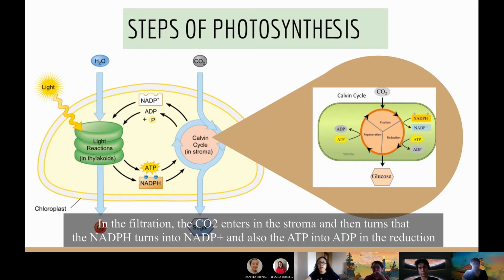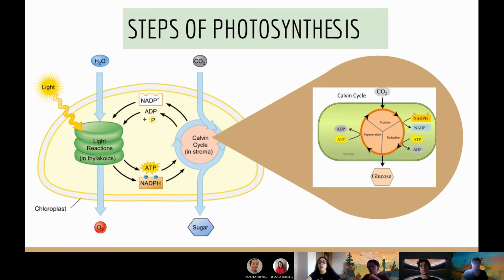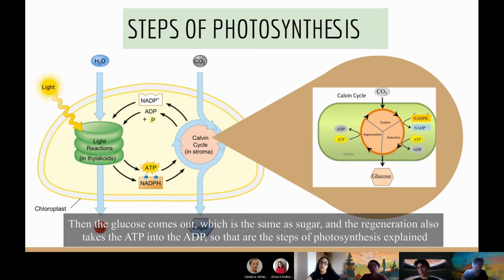In the first step, CO2 enters the stroma, and then in the reduction NADPH turns into NADP plus, and ATP into ADP. Then the glucose comes out, which is the same as sugar, and the regeneration also takes ATP to ADP. So those are the steps of photosynthesis.